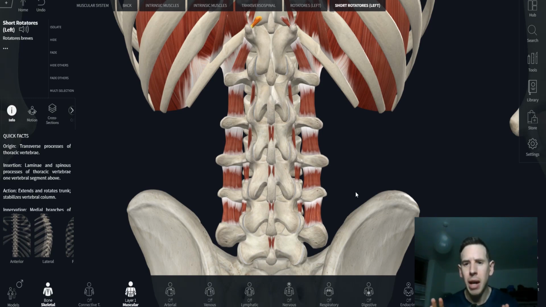If we compare the spine to the shoulder, the big superficial muscles, like the deltoid here, produce the bigger, visible motions. So when I lift my arm up like this, my deltoid is doing that large motion. But inside my shoulder, you've got the rotator cuff, the small stabilizing muscles that steer the ship, that keep the ball centered in the socket, while the deltoid on top actually produces the motion.